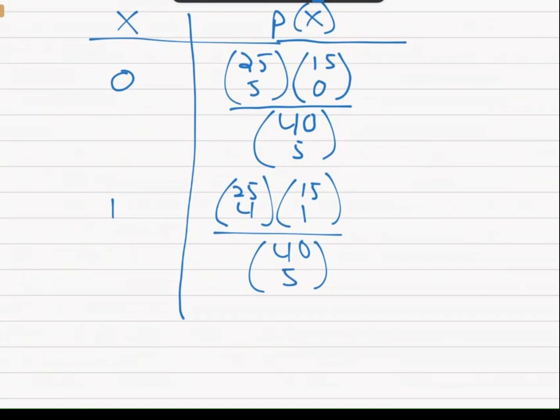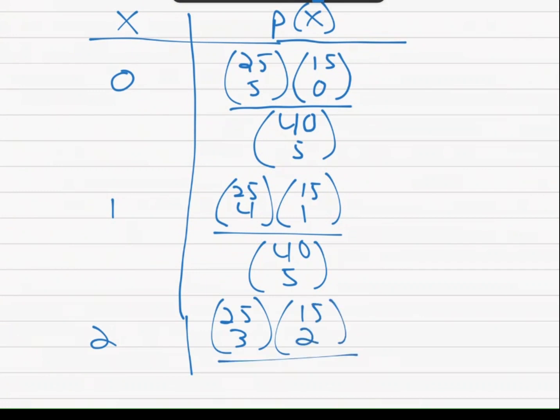Let's try for 2, right? So if there are 2, there's 25 choose 3 bad pieces of candy and 15 choose 2 good pieces of candy over this same denominator of 40 choose 5.